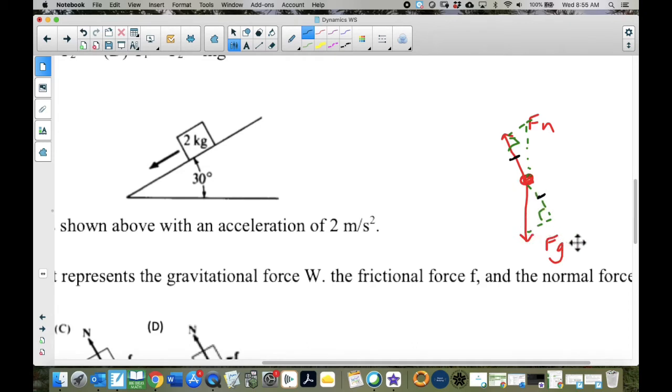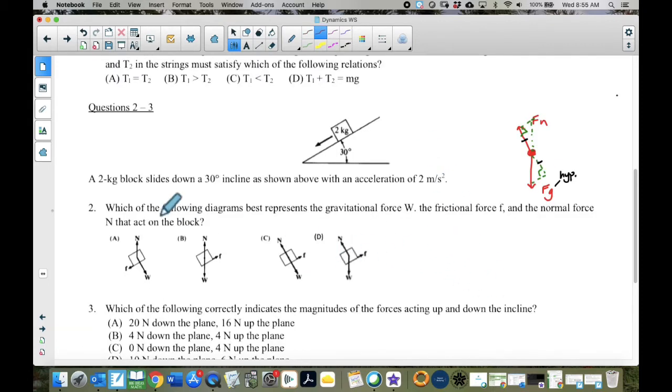So just remember that that is your hypotenuse, and when you draw this, make sure that you're including that to be your hypotenuse, and the normal force then is just a leg. Okay, so the question was a 2 kilogram block slides down a 30-degree incline as shown with an acceleration of 2 meters per second squared.